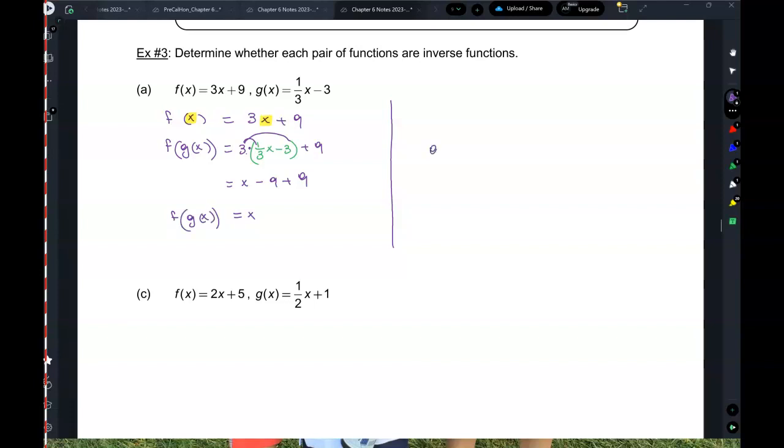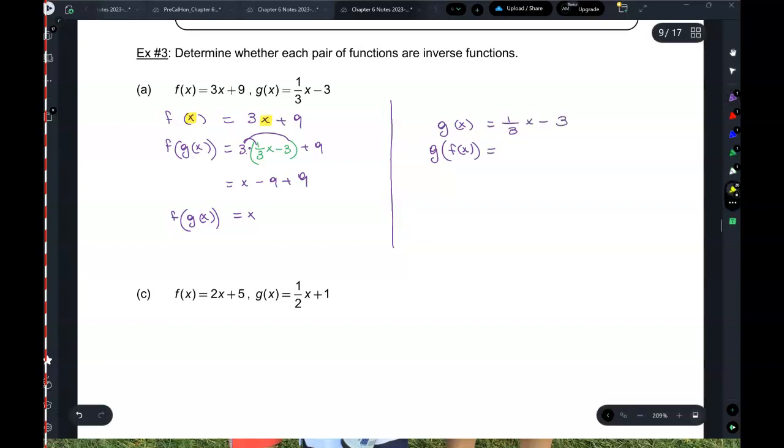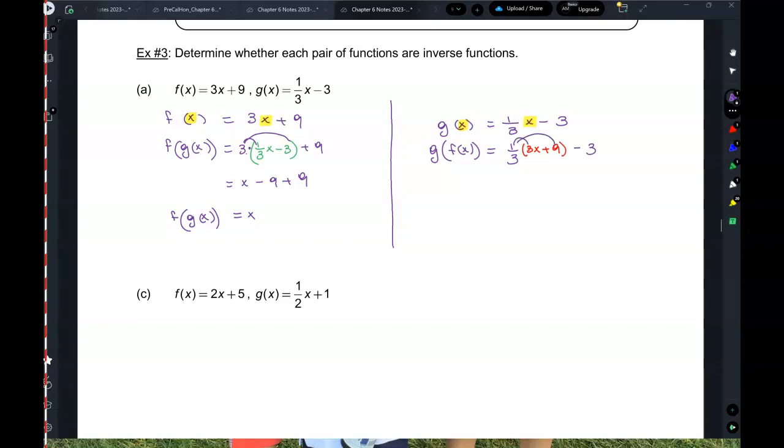Now, here, we're going to find g of f of x. So the outside function is this. So x gets replaced by f of x. So this is going to be 1 over 3. What's f of x? 3x plus 9, minus 3. Okay, let's distribute the 1/3. 1/3 times 3, that's just x. 1/3 times 9, that's a 3.